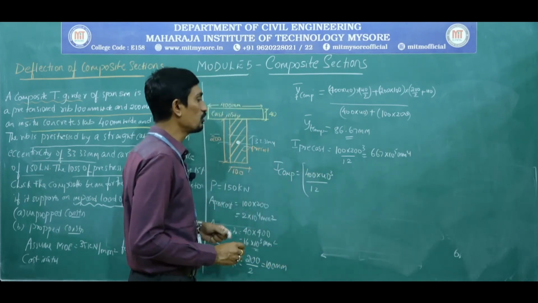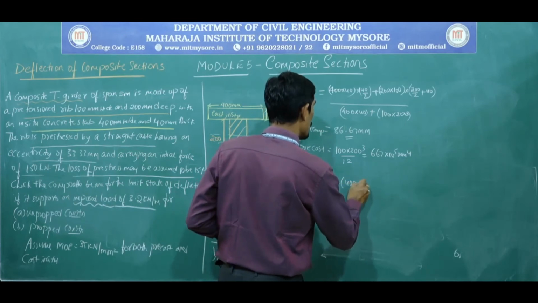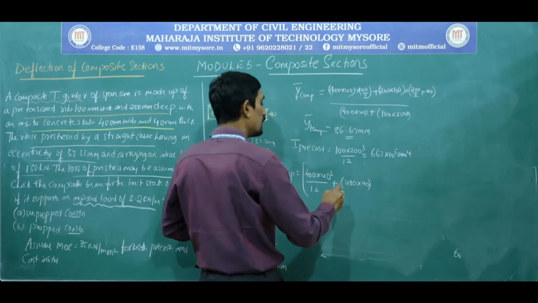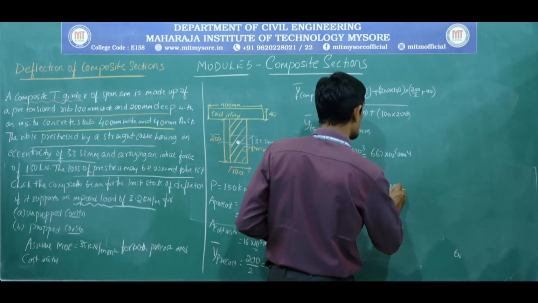Same thing, BD cube by 12 plus B into D, that is 400 into 40, multiply by Y1 of that is 20 minus 86.67 whole square.